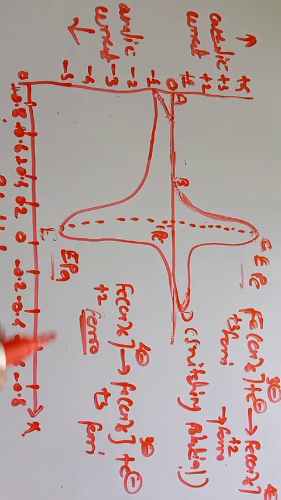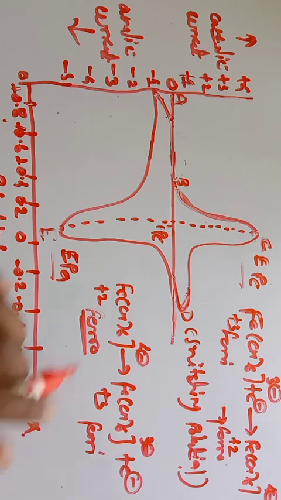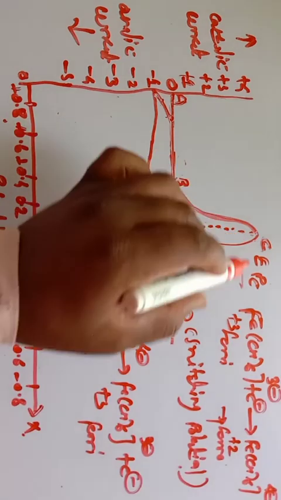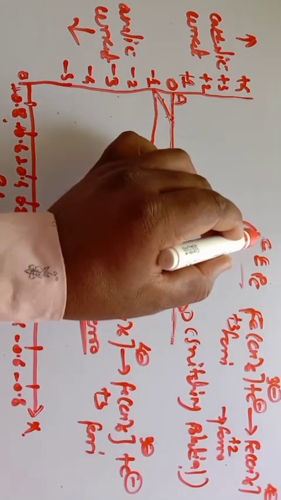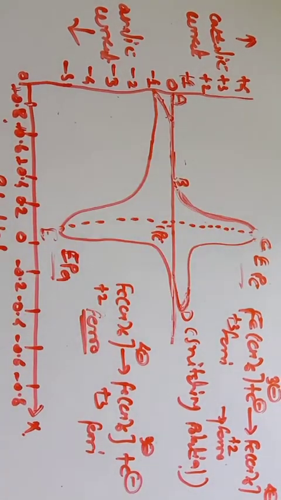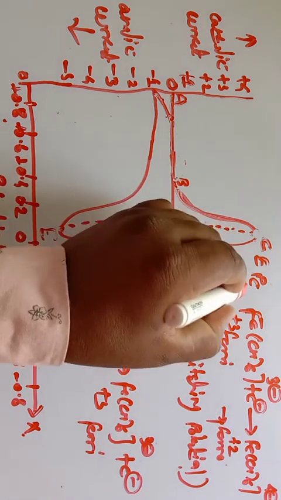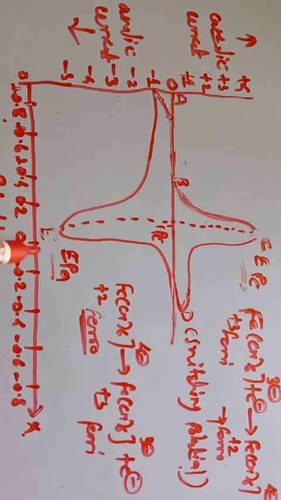Then in cyclic voltammetry, we get current in the form of a peak, and therefore it is called a peak current. At this point, the current is due to the reduction at the cathode, and therefore it is called the cathodic peak current, while the current at the anode is due to oxidation, therefore it is called the anodic peak current.